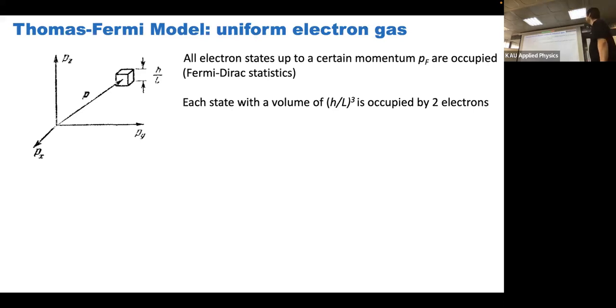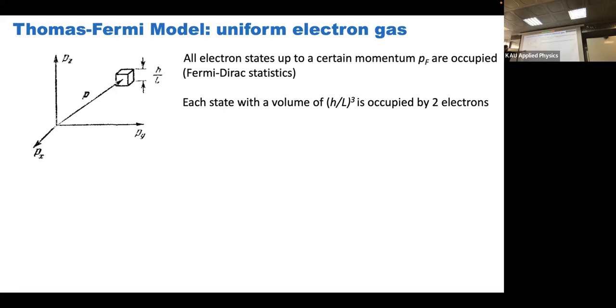And how can we calculate this electron gas? We should make more assumptions. We will work in momentum space. So it's not x, y, z, but x, p_x, p_y, p_z. It's just momentum. I told you in the laboratory work why we choose momentum.